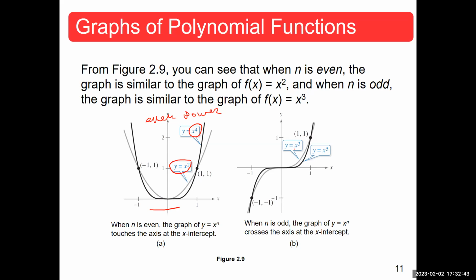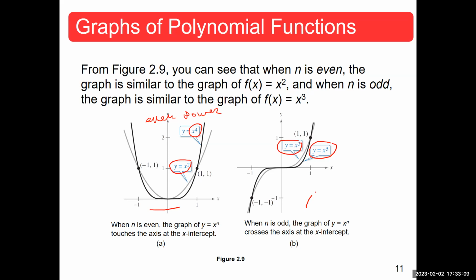For the odd powers, the x cubed, same thing. You can see the shaded gray graph of x cubed, compared to x to the power 5, the higher order also gets flatter at the origin. Still, it really is not flat.